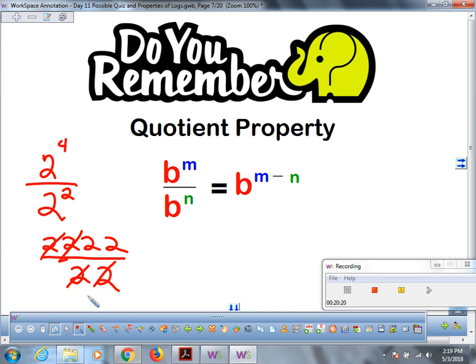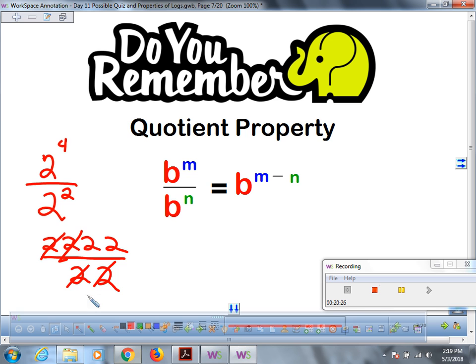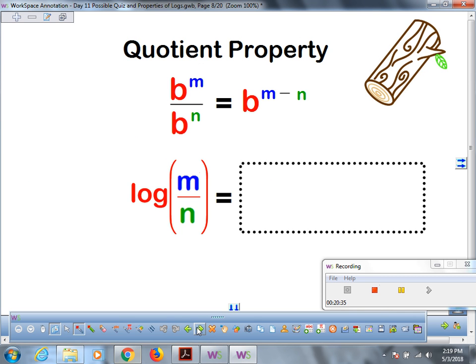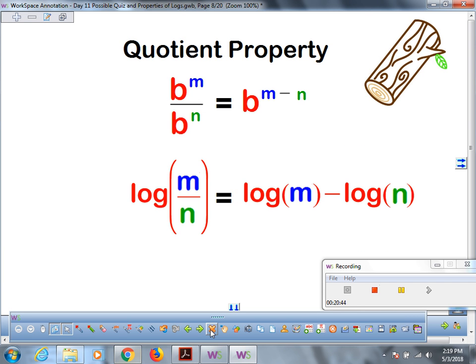So that's why we use that subtraction rule. I've always expanded it and just canceled because I don't like rules, but if you know the rule, it helps you with logs. So what do you think that's going to look like? Log m minus log n.